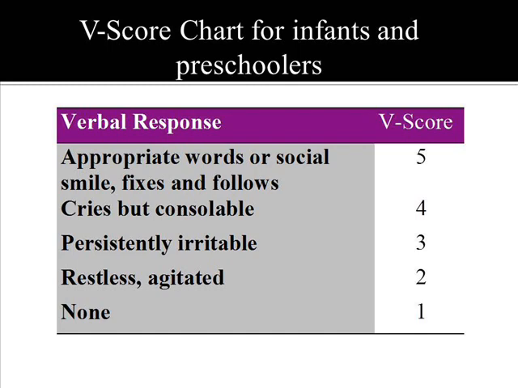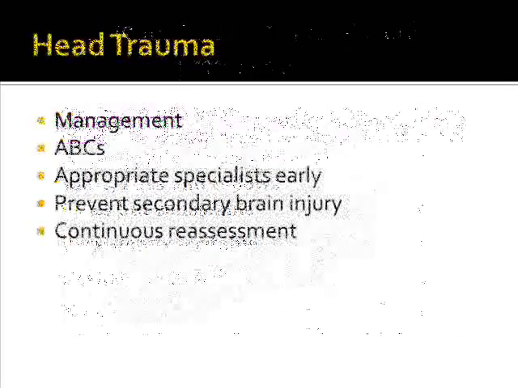If a child cries but is consolable, it's a score of 4. If a child is persistently irritable, 3. If the child is restless and agitated, 2. And if there's no response, we give a score of 1. The eye opening and motor response are just as stated in the adult.